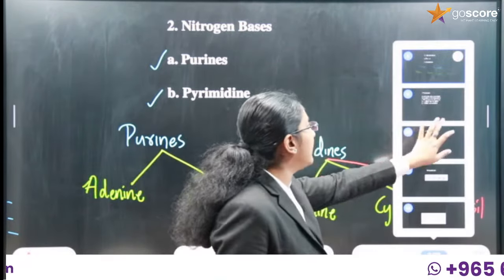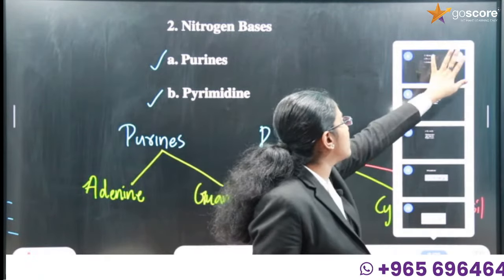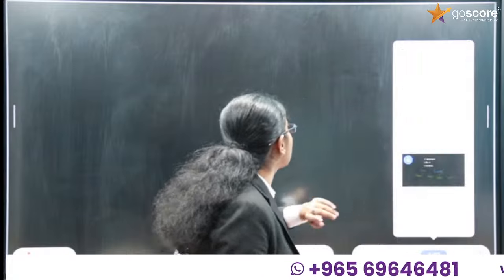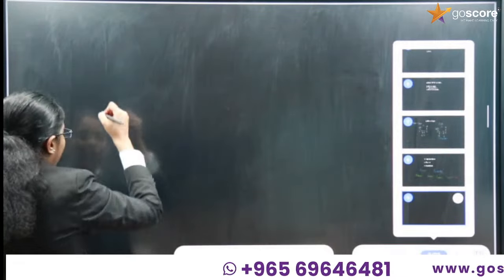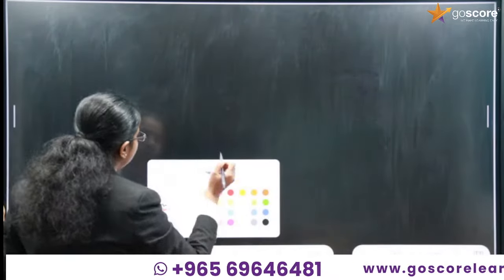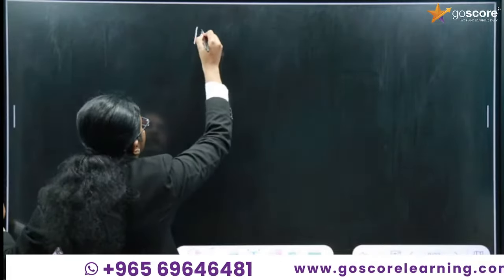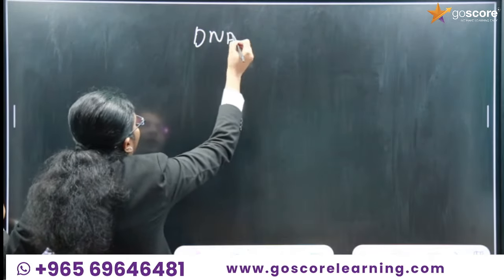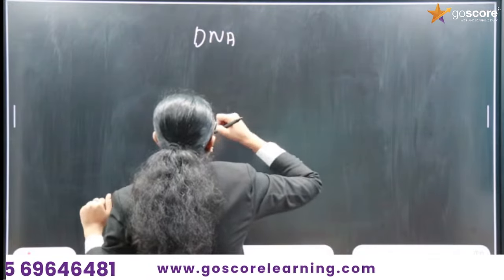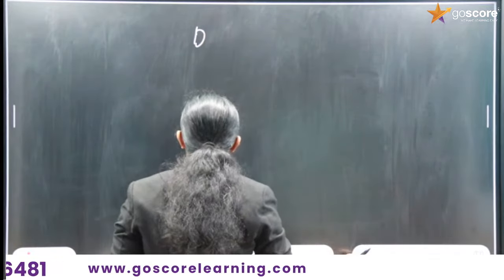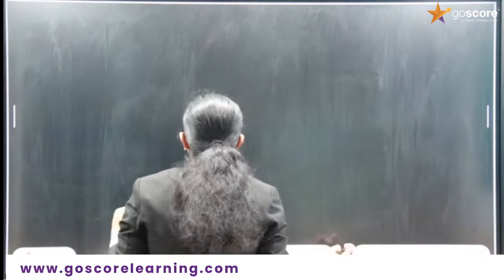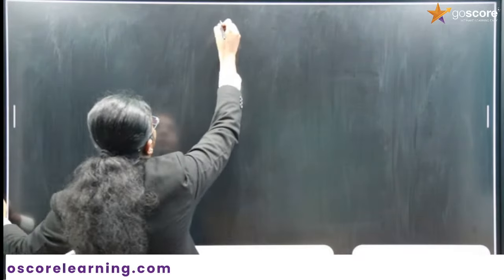Once again, I'll write in a little easier way so it will be easy for you to understand. So if you are considering DNA, these are the purines.